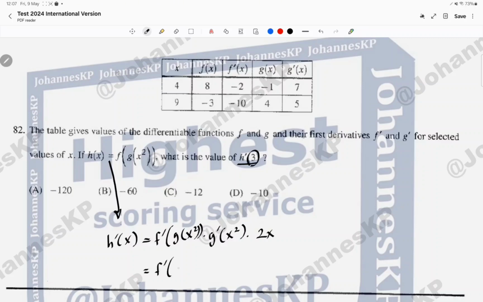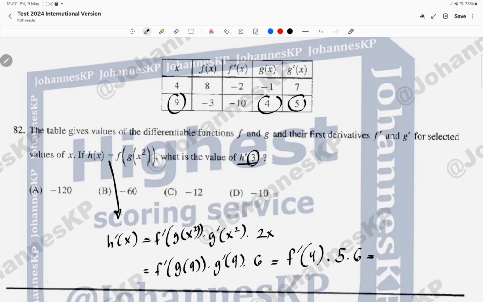So f prime of g of 9, g prime of 9, and 6. So f prime of g of 9. So when x is 9, g is 4. G prime of 9. Now when x is 9, g prime is 5, times 6. F prime of 4. When x is 4, f prime is negative 2. Negative 2 times 30. So negative 60. Okay.